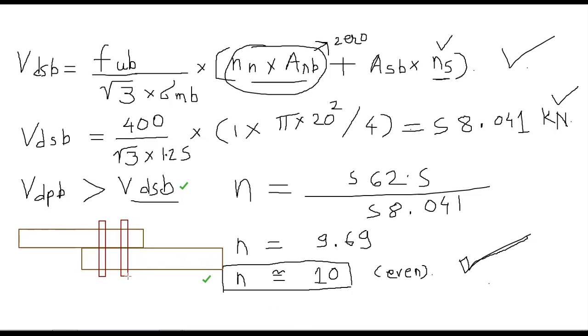You may have 10 bolts. As per your design, you will have this type of bolts. So I am drawing here only 2 bolts, but basically the number of bolts is 10.